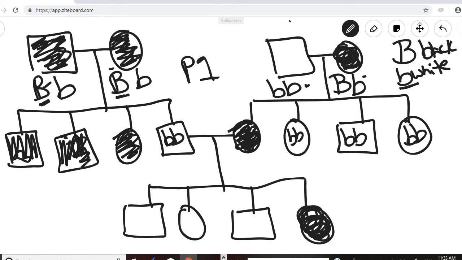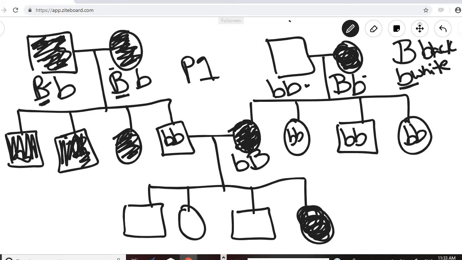That's the only way you could get a lowercase b and a lowercase b together to get those. Now this guy, now we know what his genotype is, because he would get the lowercase b from the dad, and because he's black, he would have to have the uppercase B from the mom. Okay, so now we know these two genotypes, and now those are going to mate, and 3 of them are white.